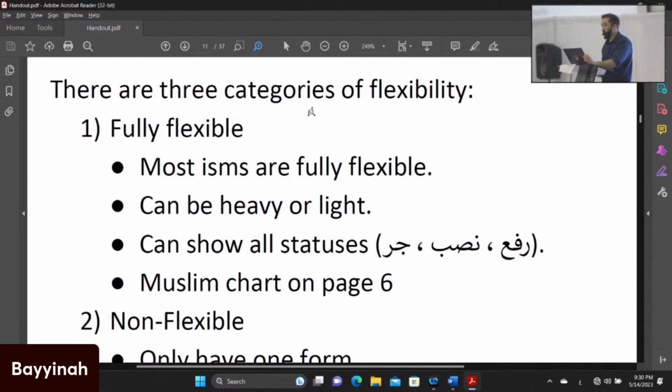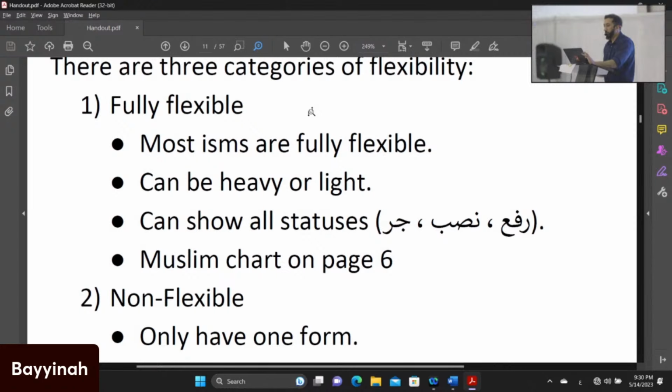And then it says most isms are fully flexible. Is that clear? Then it says they can be heavy or light because they have all the rights. If they want to be light, they can be light. If they want to be heavy, they can be heavy. They can show all statuses, rafa or nasab or jar, sounds, combinations. Basically, fully flexible means you can use the entire Muslim chart on page 6.